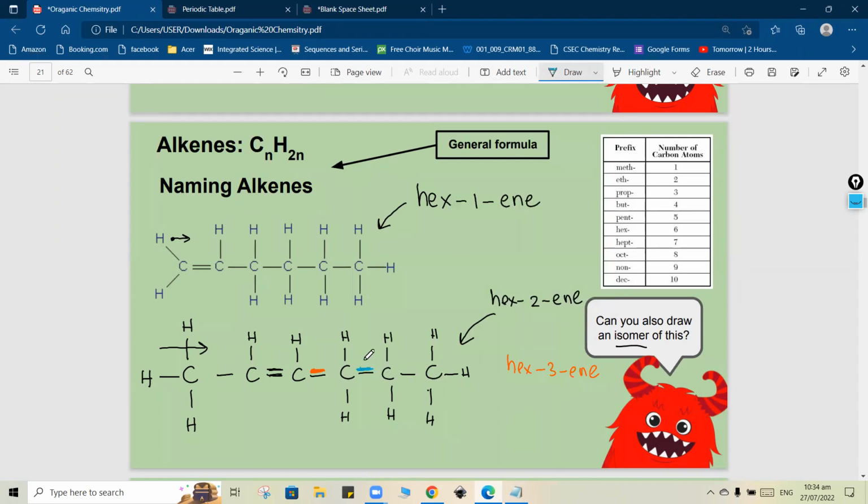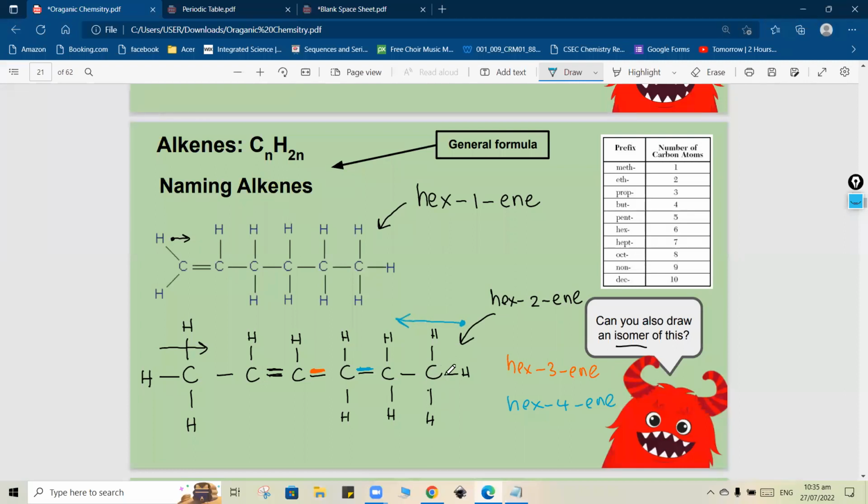By the blue one. So I move the double bond up 1. Don't fall for the trick. It's a trick question. If you say hex-4-ene, because you start to walk this way, 1, 2, 3, 4, that would be wrong, because you have to choose the shortest path to reach it.